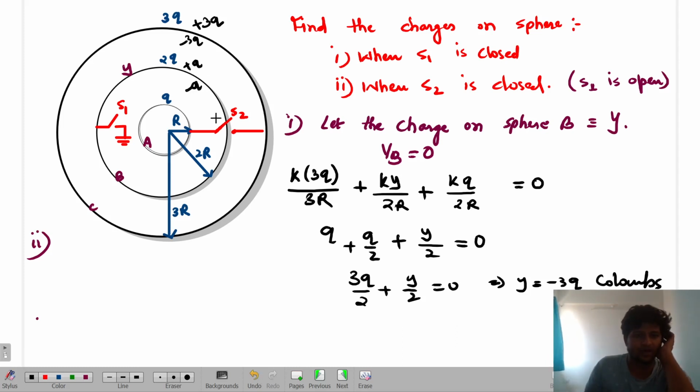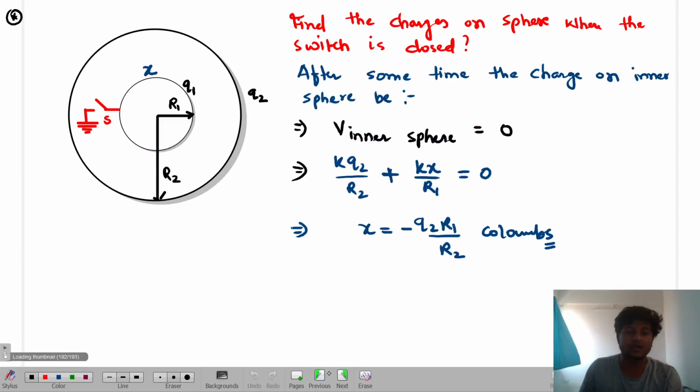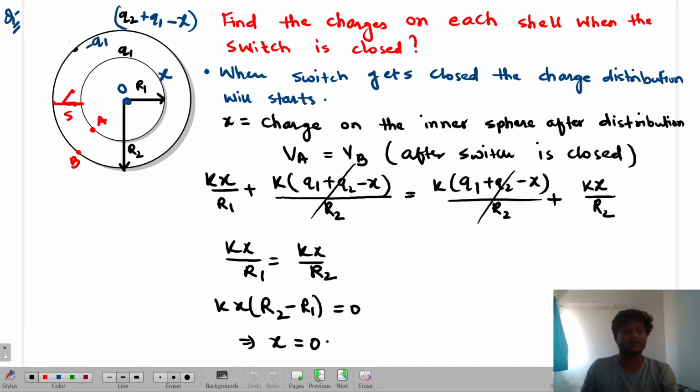But here, what they are doing, they are just connecting the inner sphere and the outer sphere, isn't it? Are you able to get me? So now what will happen? You will have to think. This is my induction process. Just like earlier cases, in this one, I consider the induction process and we calculated the value of x to be 0.